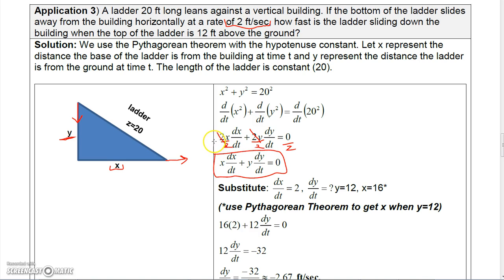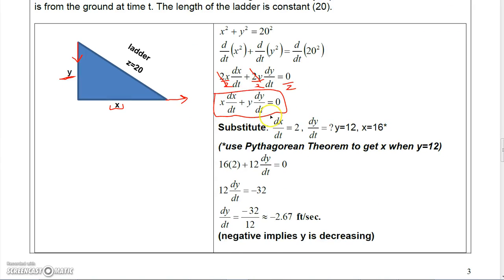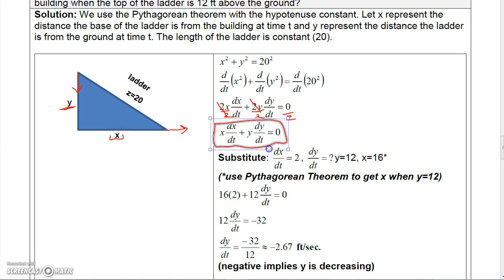All right, now I know that dx over dt is 2. Now let me mention here, it's positive 2. And the reason I know it's positive is because x is getting bigger. As the ladder slides, the x is getting bigger.